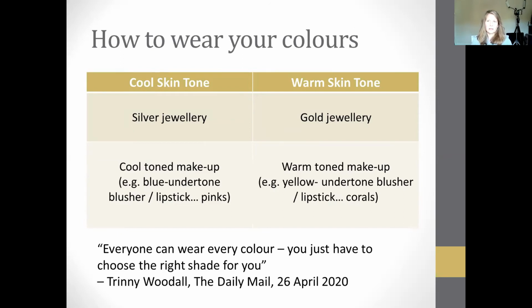In the main that's the pink spectrum of colours. If you're on the warm skin tone, then you'd be looking at wearing gold jewellery and warm toned makeup. So yellow undertoned blusher and lipstick. So it's more of that corally spectrum.